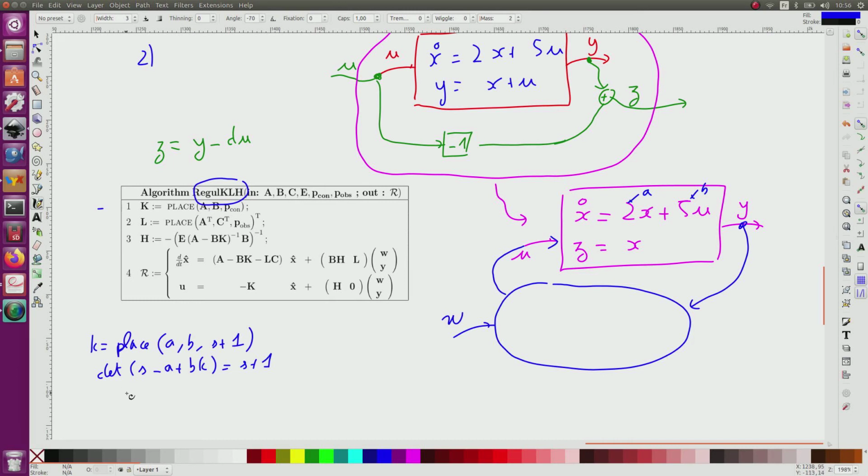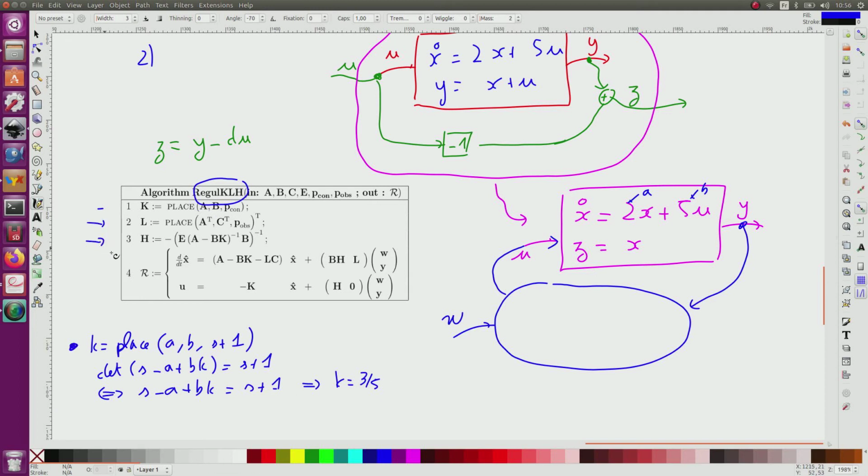So in fact, I will have to solve s minus A plus BK is equal to s plus 1. I know A, it is 2. I know B, it is 5. So I conclude from this that the unknown K is equal to 3 divided by 5.